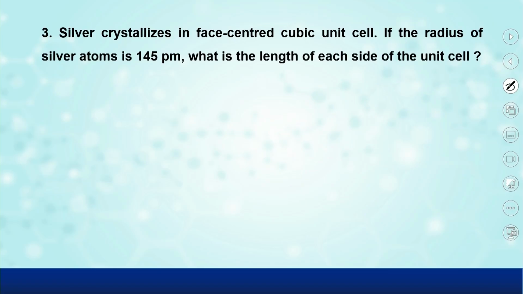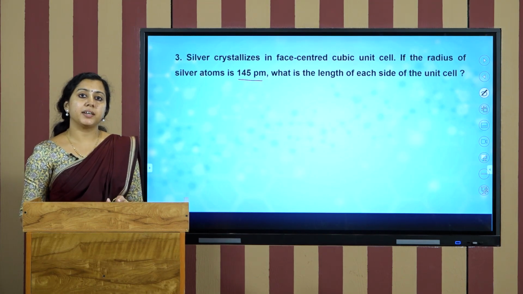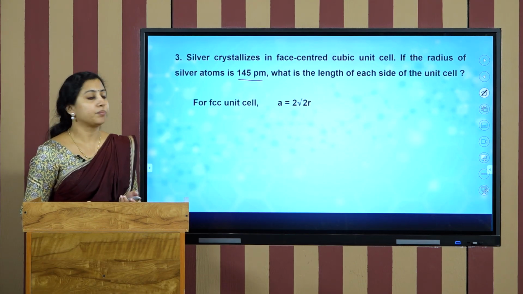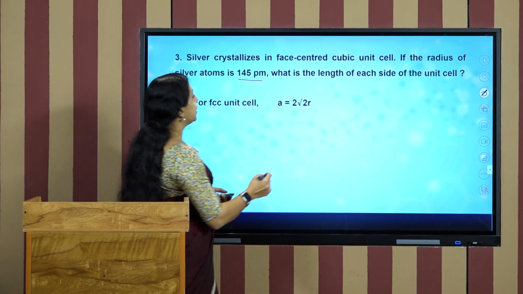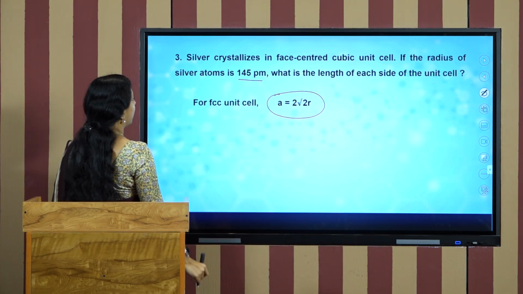Question number 3. Silver crystallizes in face-centered cubic unit cell. If the radius of the silver atoms is 145 picometers, what is the length of each side of the unit cell? So, we have to find out the edge length, and it is given that silver crystallizes in the FCC lattice. So, for an FCC unit cell, we have found out the edge length a equal to 2 root 2 r.